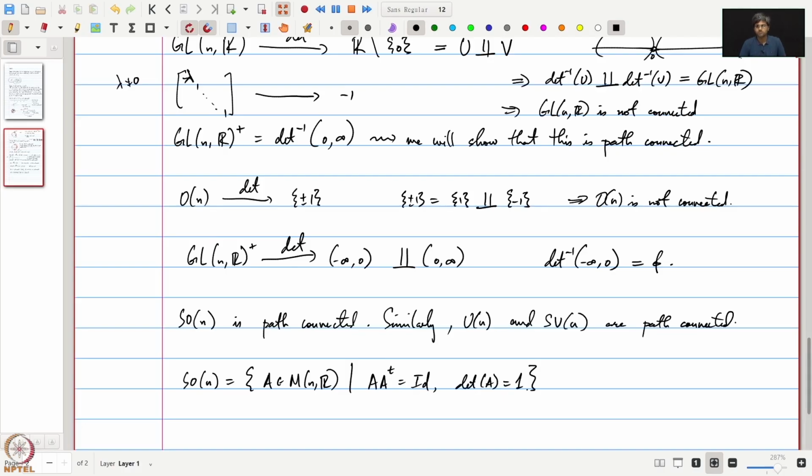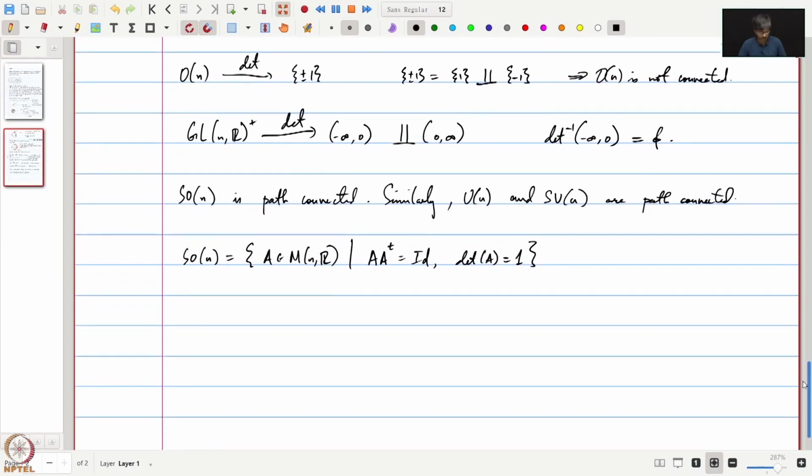With this complicated definition, a priori, if one just looks at the definition, it's not at all clear that it is path connected. But yes, we can join any two points in SO_n with a path which is completely inside SO_n. Okay, so now let us continue.